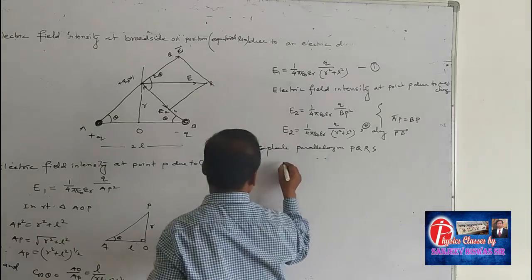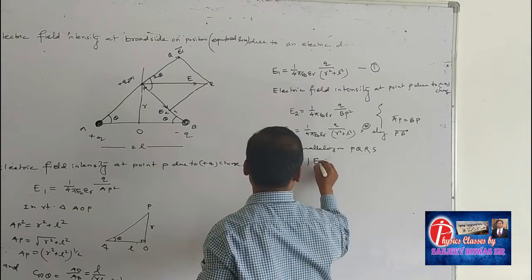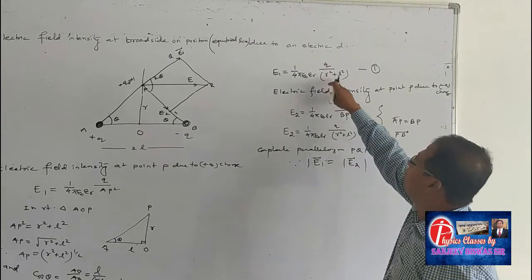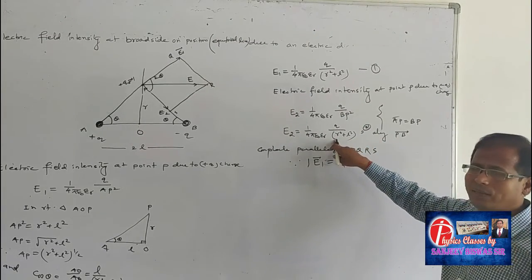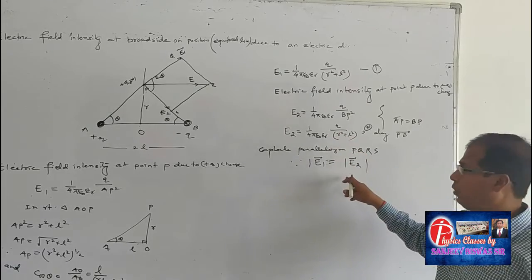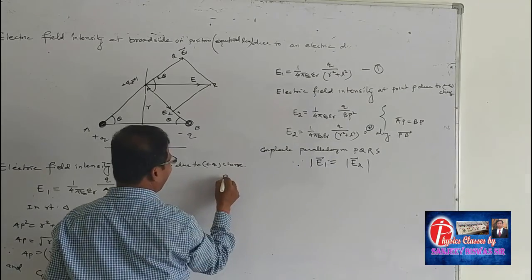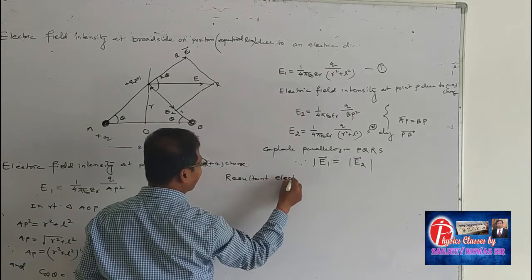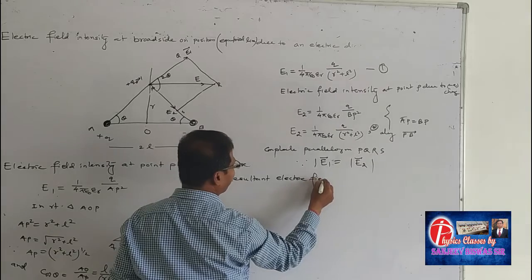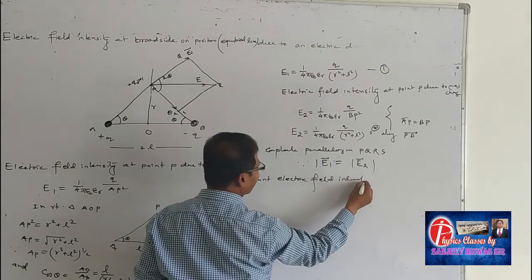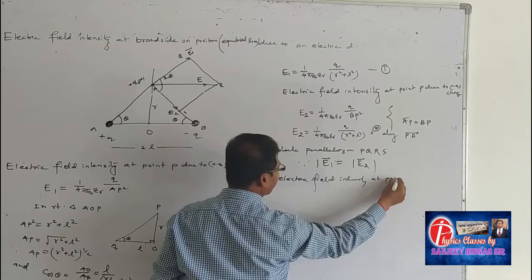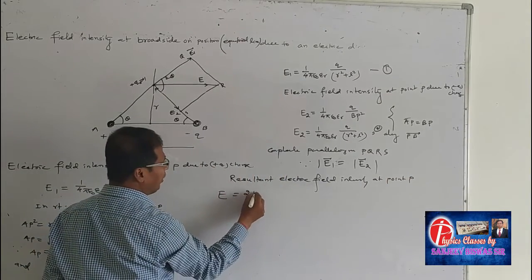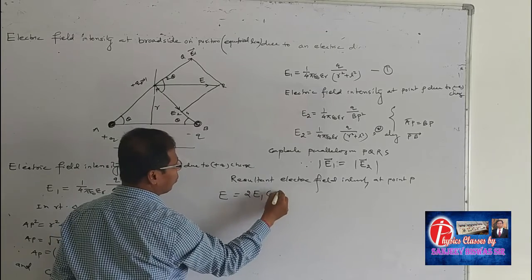Now, the mod of E1 is equal to the mod of E2. Both are the same in magnitude, but directions are different. Therefore the resultant electric field intensity at point P is E equal to 2E1 cos of 2 theta by 2.